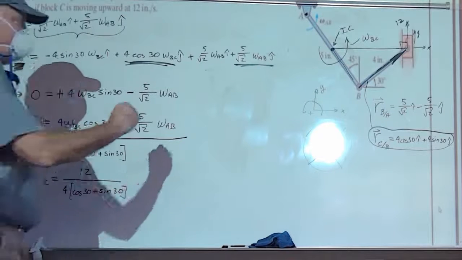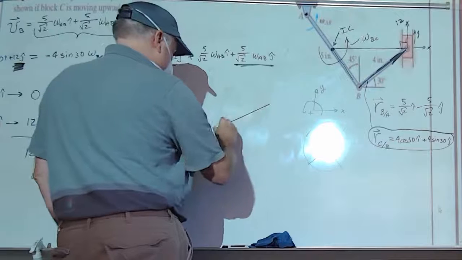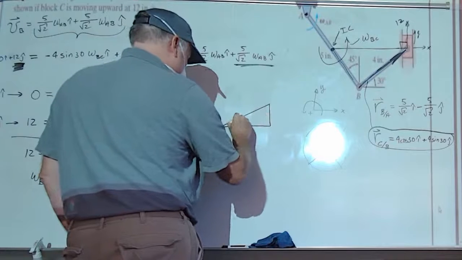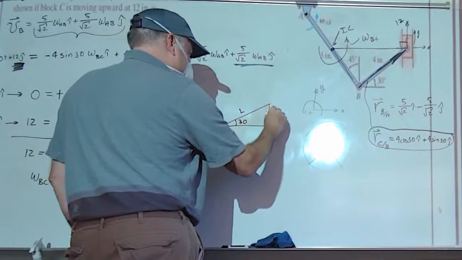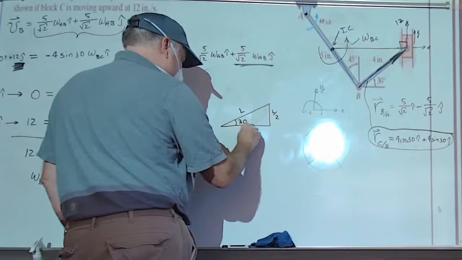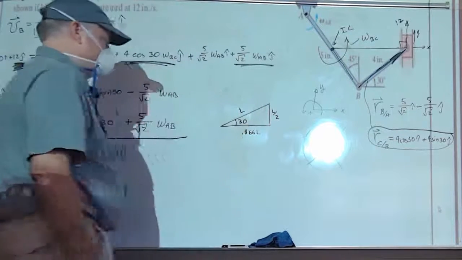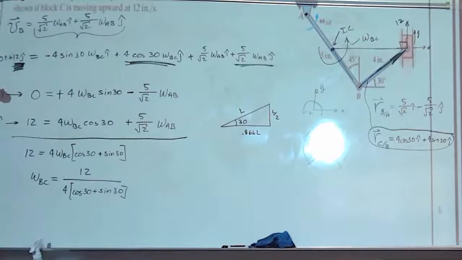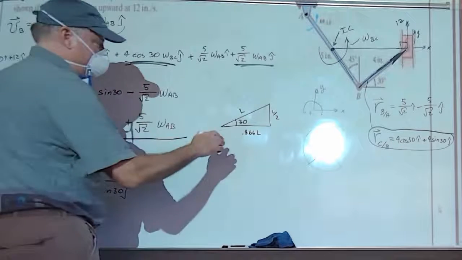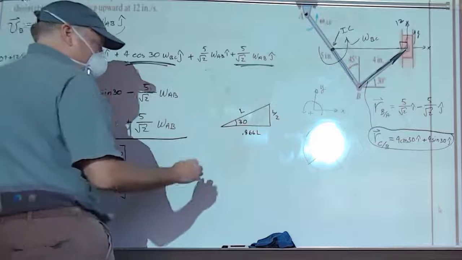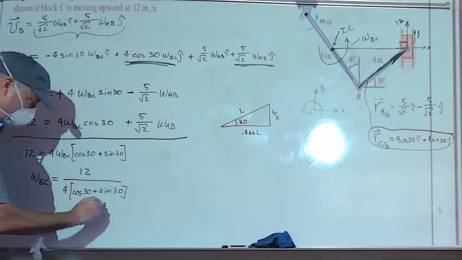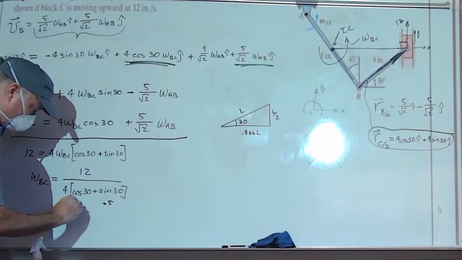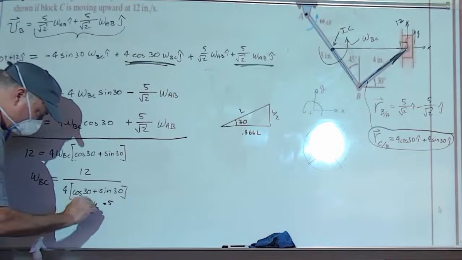Okay, so if you've got sine 30, this is 30 degrees, and this is the length. This is L over 2, and this is 0.866 L. So actually, if you add the cosine and the sine together, you get 0.5 and 0.866.